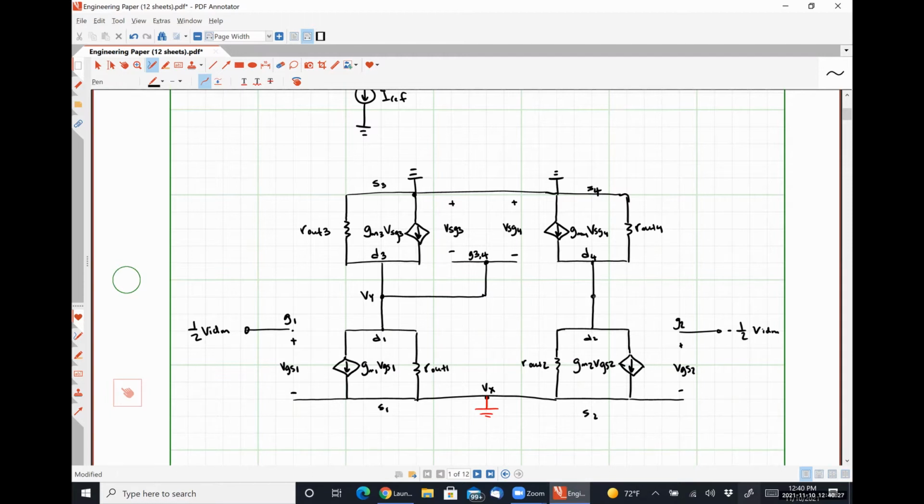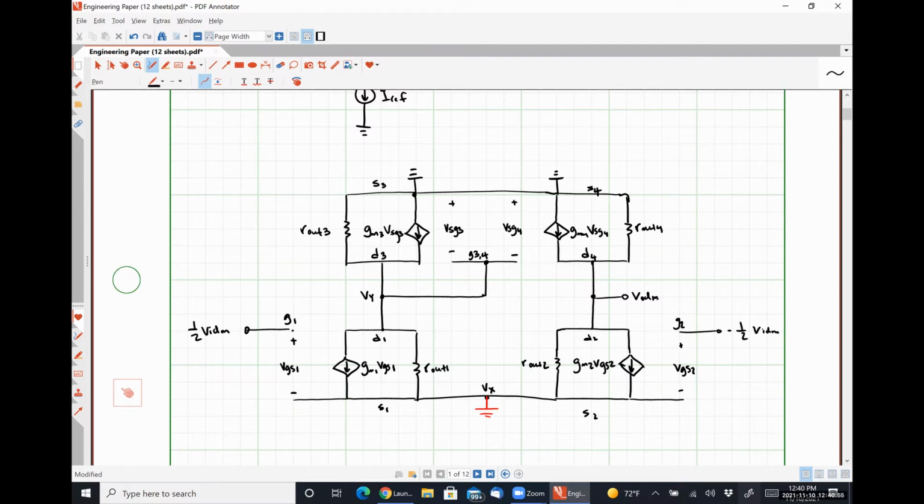And then we take our output here. So this is our differential mode output voltage, VODM. So anything about this before we get into the analysis not make sense? Let's start there.